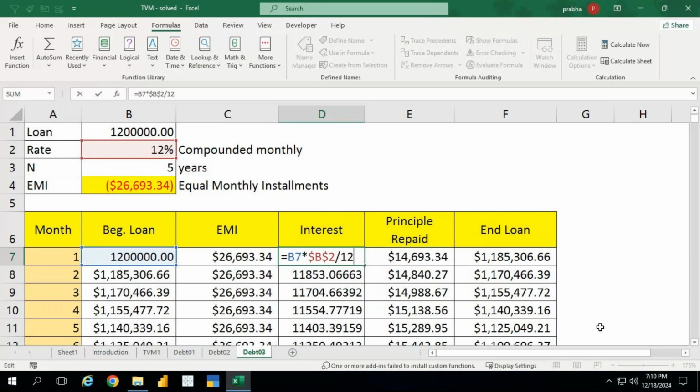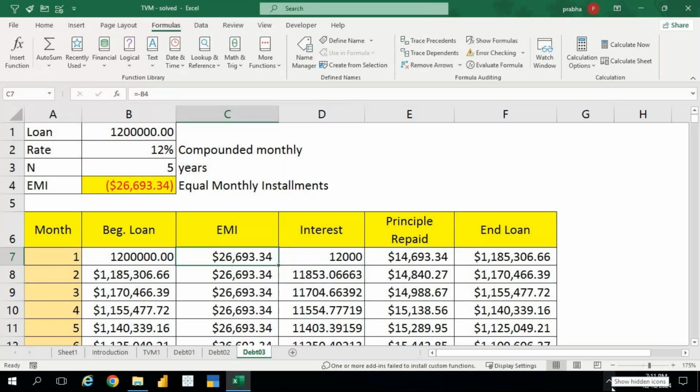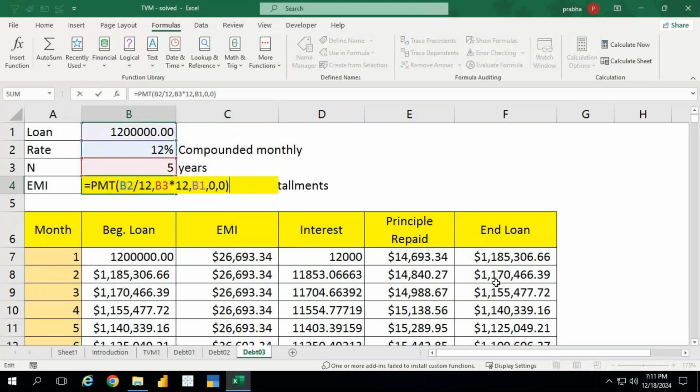Ma'am, can you please explain the EMI column for this, ma'am? EMI calculation will be the PMT function. So B2, that is the rate of interest, will be divided by 12. If you want to take the numbers directly you can, or you can take the cell address also.